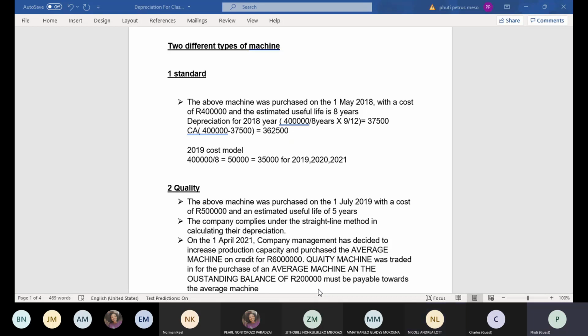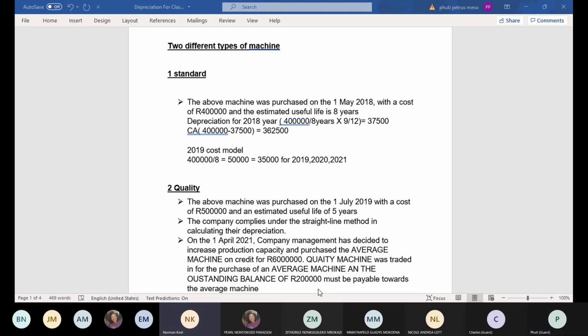Norman, you can go ahead, please. Thank you, sir. It was a very similar comment and question to what Nicole has been talking about now. I think you'll remember in our previous example where we had the standard, the quality, and the average machines that we were depreciating.